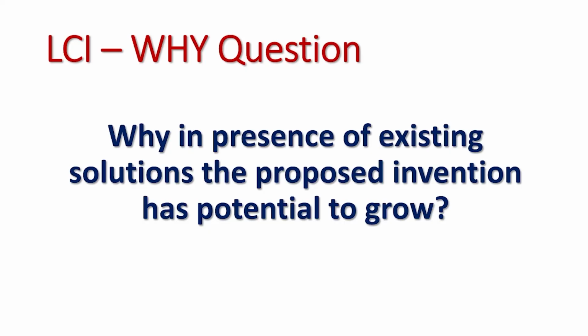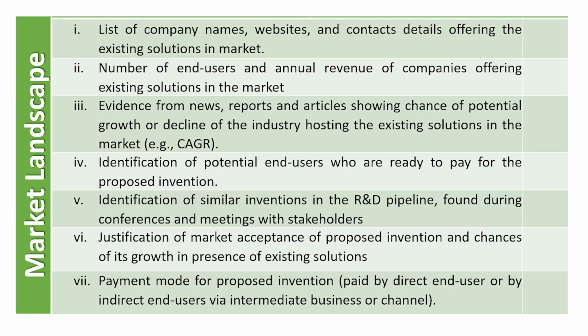So, what we have learned in this fourth component of LCI is the normal process that LCI follows, which is the LCI why question, which was: why, in the presence of existing solutions, does the proposed invention have potential to grow? This question was answered with the help of templates of the LCI.